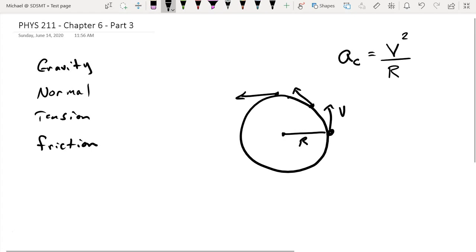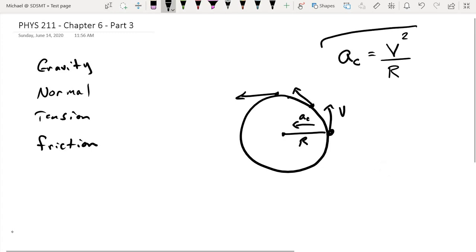But regardless of where we are on that circle, the only way that we could maintain that circular motion was if we had an acceleration vector pointing towards the center of the circle, hence the name centripetal acceleration.